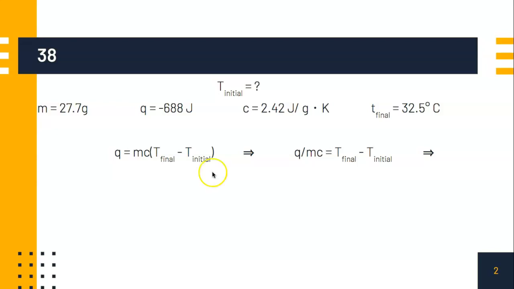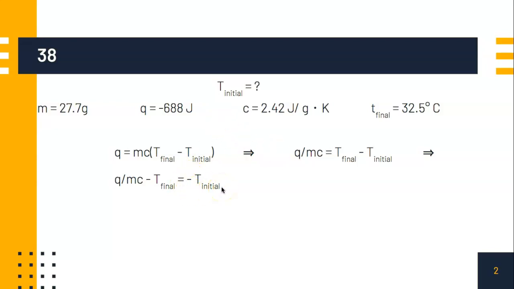The next thing I'm going to do is move this T final over to this side of the equals sign, so that it looks something like this. So I now have Q divided by MC minus T final is equal to the opposite of T initial. Now, I know myself, I could work through this problem, but if I leave it as is, I'm going to forget to change that sign.